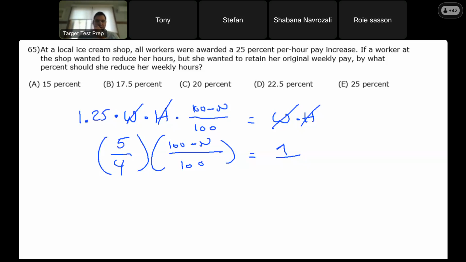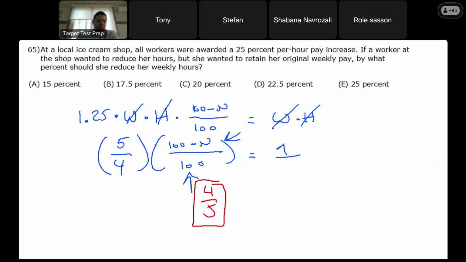One of the interesting things here is, though, you know that 5 over 4 times this expression has to equal 1. So in essence, that expression has to equal 4 over 5, because that's the only way you're going to get 1. 5 over 4 times 4 over 5 is equal to 1, right?